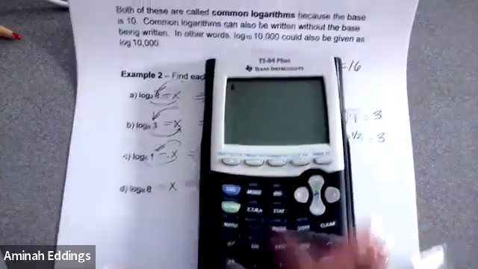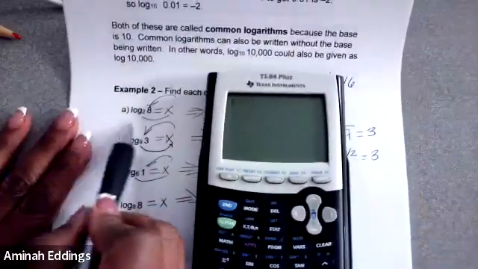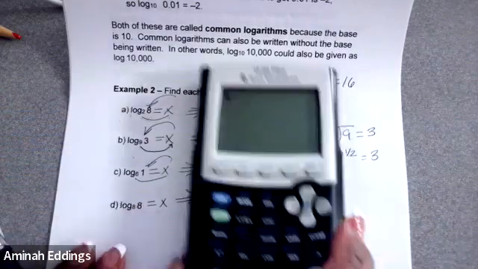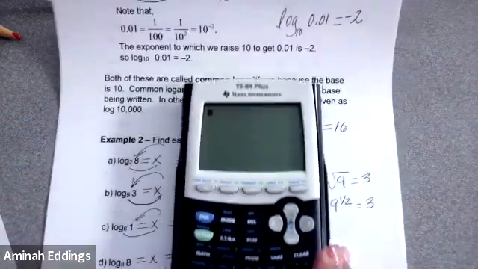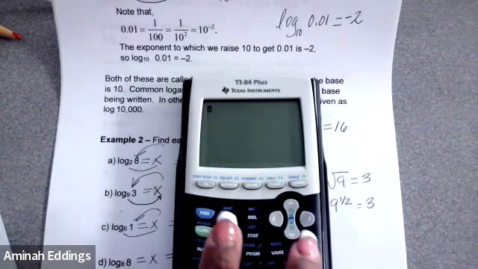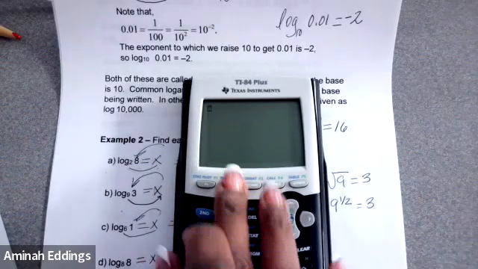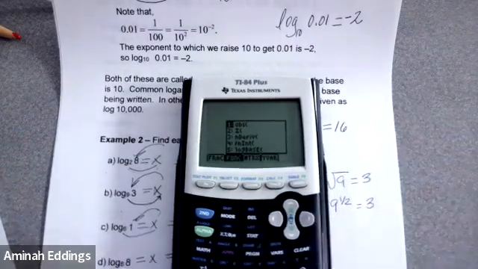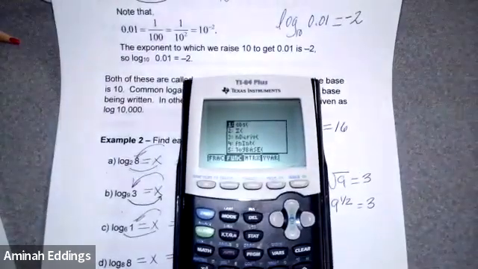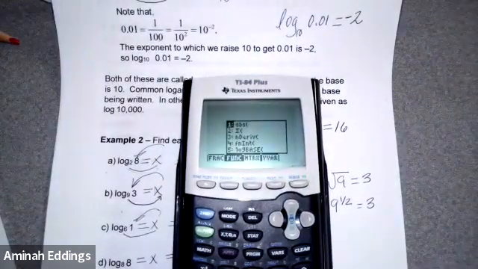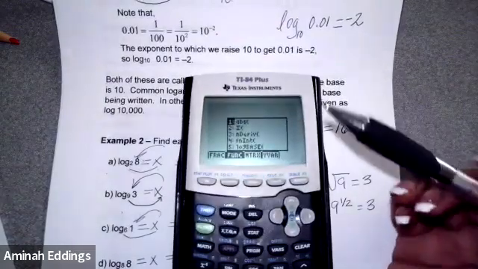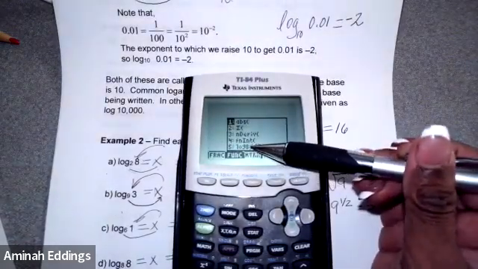So if I wanted to find log base 2 of 8, you want to go to alpha, window, and then if you look here, you'll see number 5, that is log base.